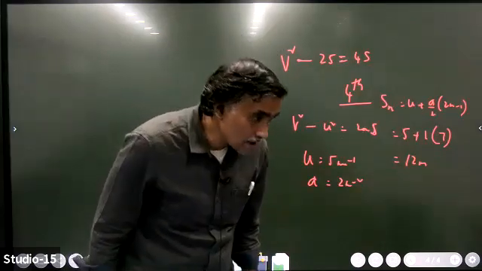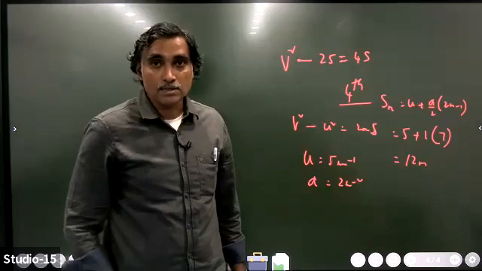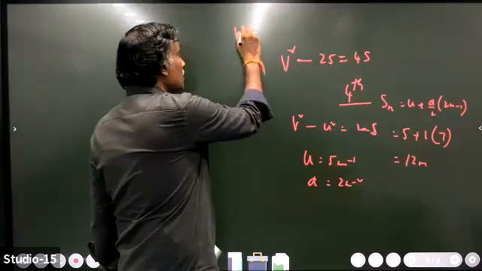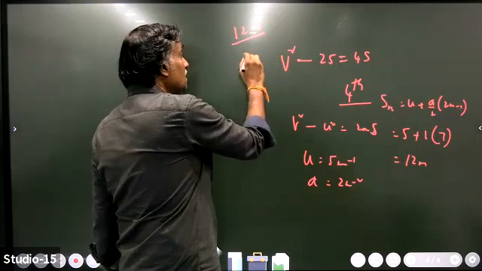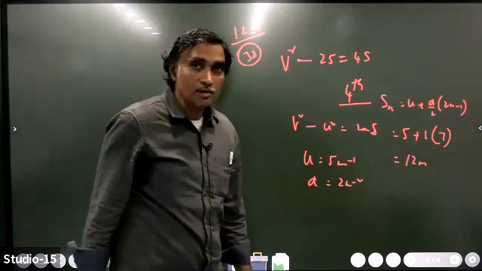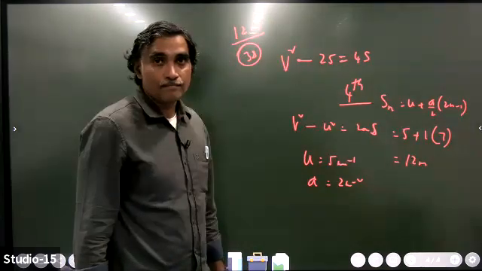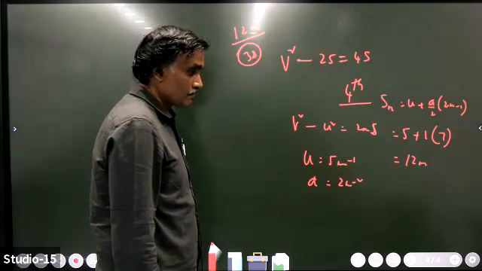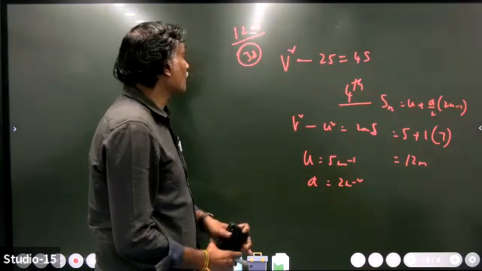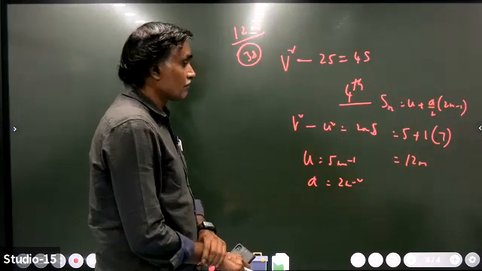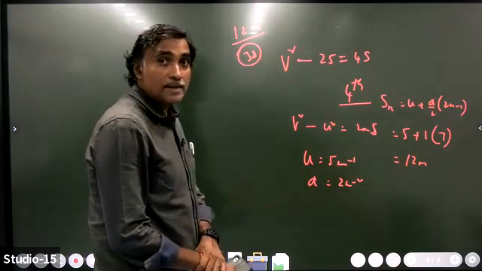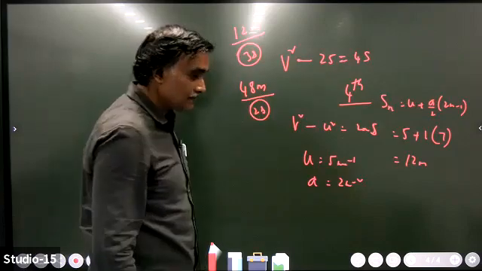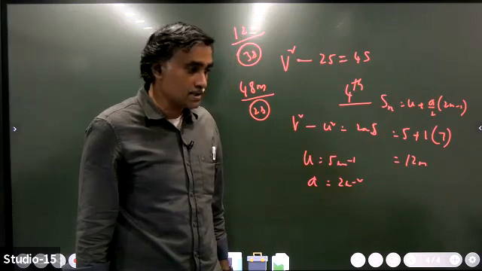A particle moving with uniform acceleration travels 12 meters in the first 3 seconds and 48 meters in the next 2 seconds.